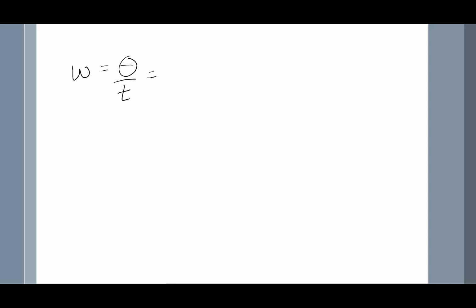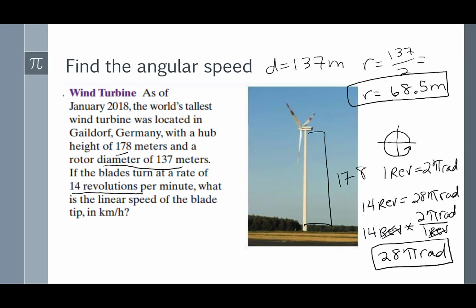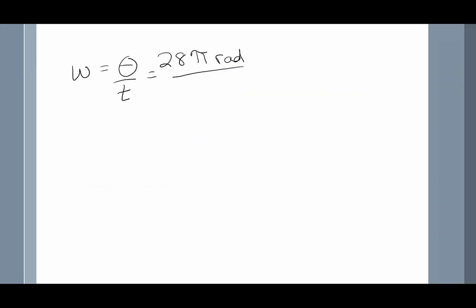Okay, well, we just found out our theta. It was how many revolutions do we have, and we said it was 28 pi radians, and how much time did it take? If you go back and read it, it says it does it per minute. So it's important that you pay attention to the fact that this is per minute. So let's write per, where I'm going to write 1 minute underneath.